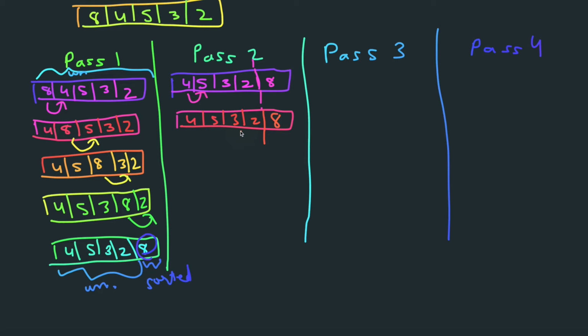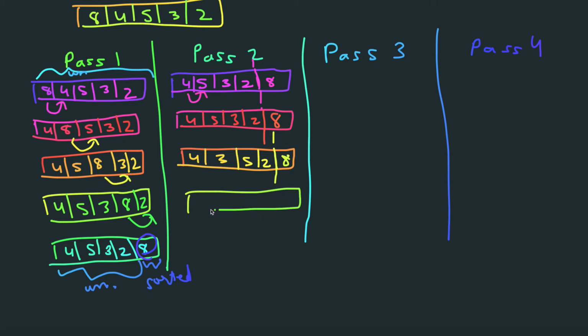We compare 5 to 3, 5 is greater than 3, so 5 is bubbled to the third position, 3 to the second position. 5 is compared to 2 now, 5 is greater than 2, so 2 is bubbled to the third position, 5 to the fourth position.